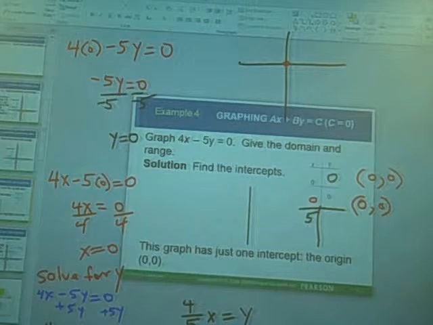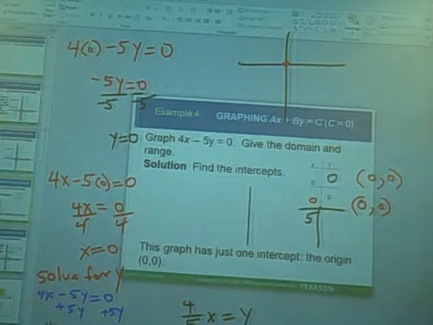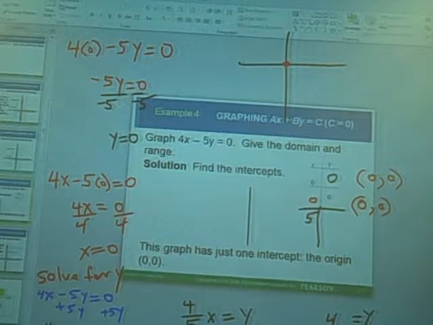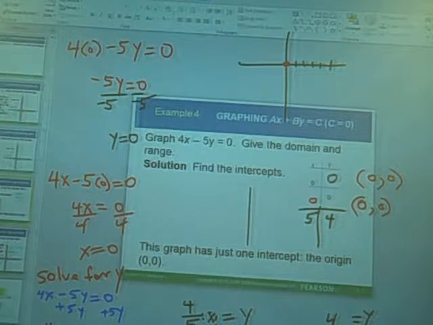We can put 5 in there, and then the 5's cancel. And what's left? Y equals 4. So now x is 1, 2, 3, 4, 5, and y is 1, 2, 3, 4.